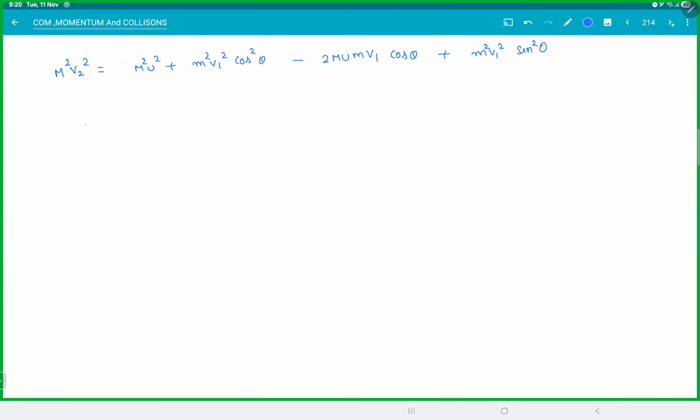You can send away that m square on that side. This will become v2 square. This will become u square. This will become m square by capital M square. Cos square theta plus sin square theta is 1. That's v1 square minus 2 u m by capital M v1 cos theta.